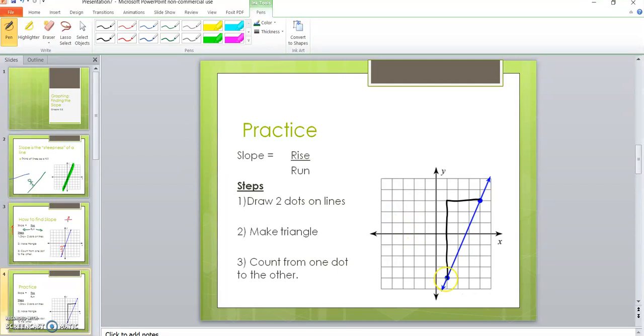Now we're going to start at this dot, and we're going to go up 1, 2, 3, 4, 5, 6, 7. And now how many are we going across? So we're right at this dot, or right at this corner. 1, 2, 3. So the slope for this one is 7 over 3.